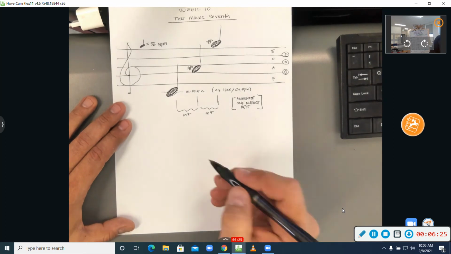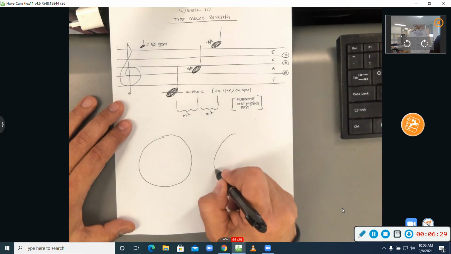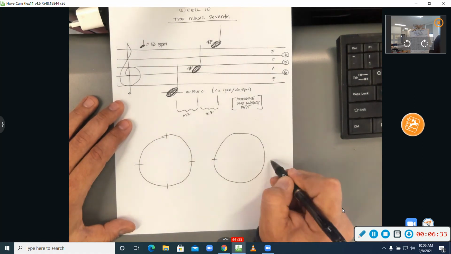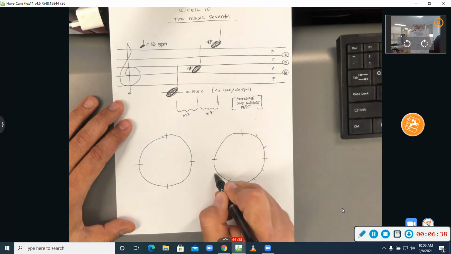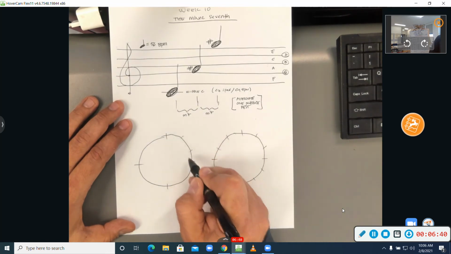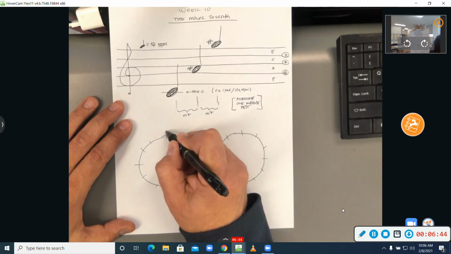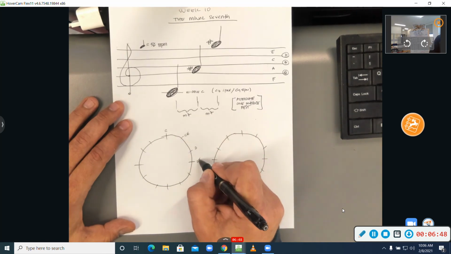Then we're going to get here into our 2 pitch space class wheels. And in each case, we're going to label them the same at first. I'll show you why.